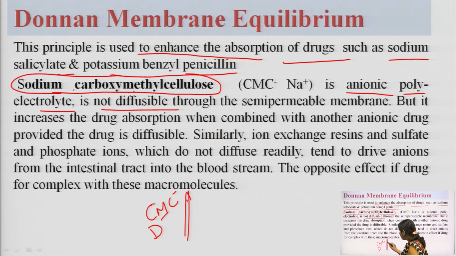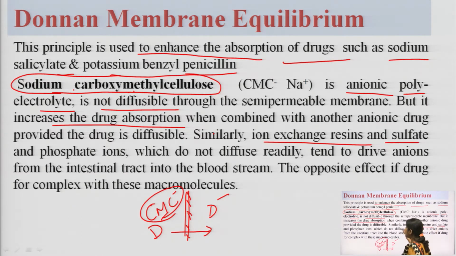Then suppose this is your semi-permeable membrane, then the absorption of the drug through this semi-permeable membrane will be increased in the presence of this non-diffusible anionic polyelectrolyte. Similarly, ion exchange reagents, sulfates and phosphate ions, which do not diffuse readily, can be used to drive other anionic drugs readily through the intestinal tract into the blood stream.